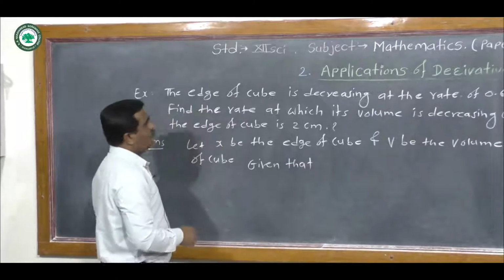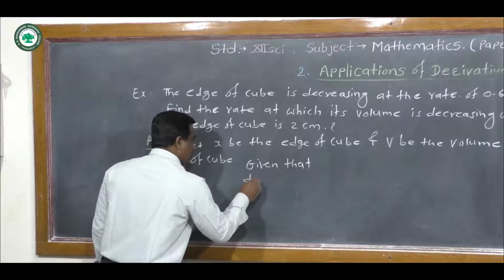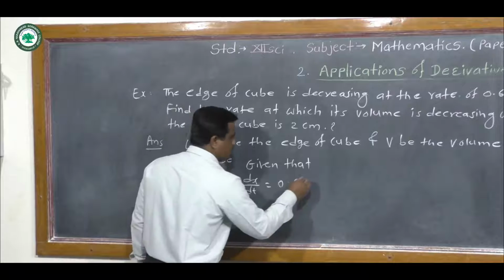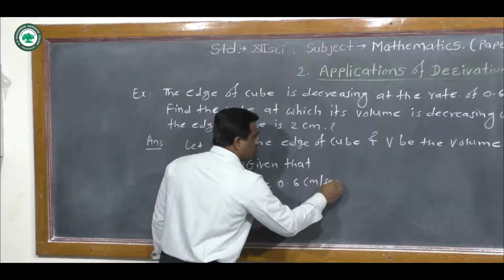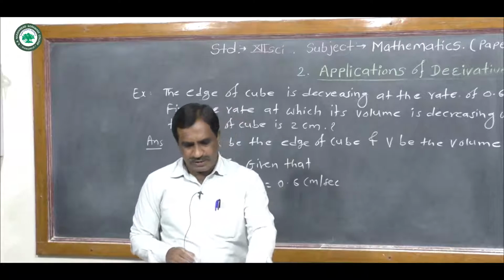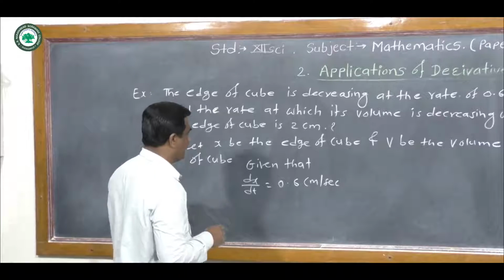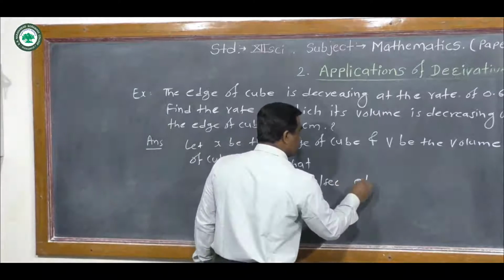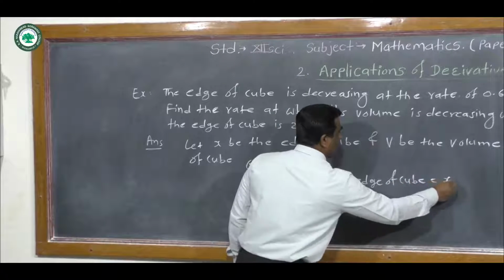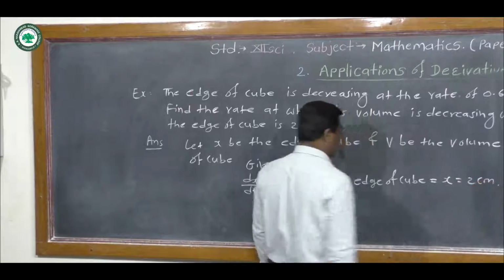Now here it is given that the rate of change of the edge, that is dx by dt, is equal to 0.6 centimeter per second, and also the edge of the cube is x equal to 2 centimeters.